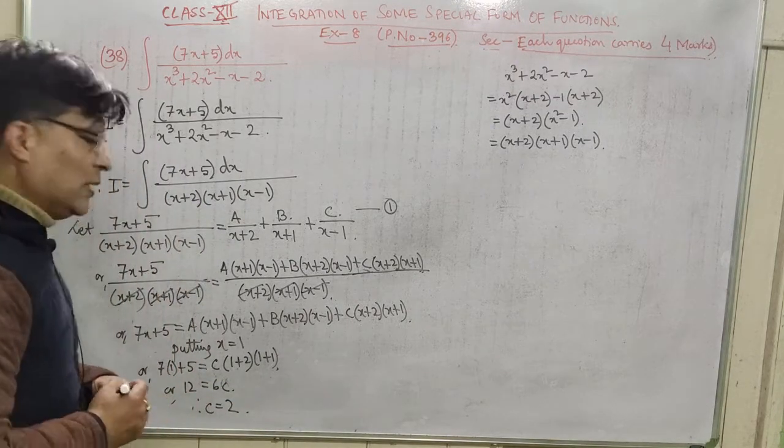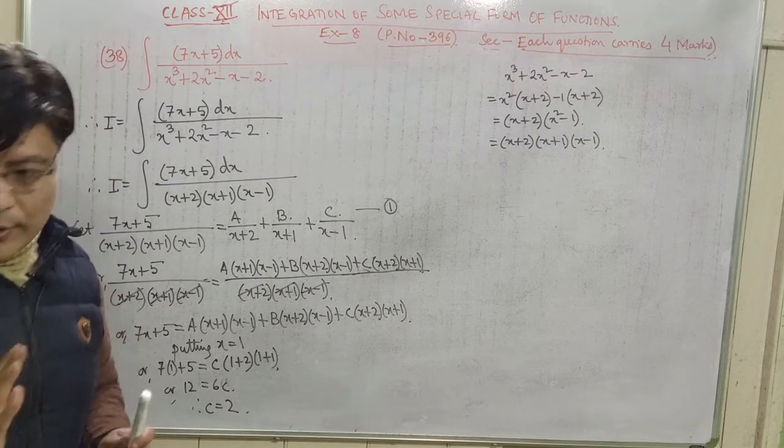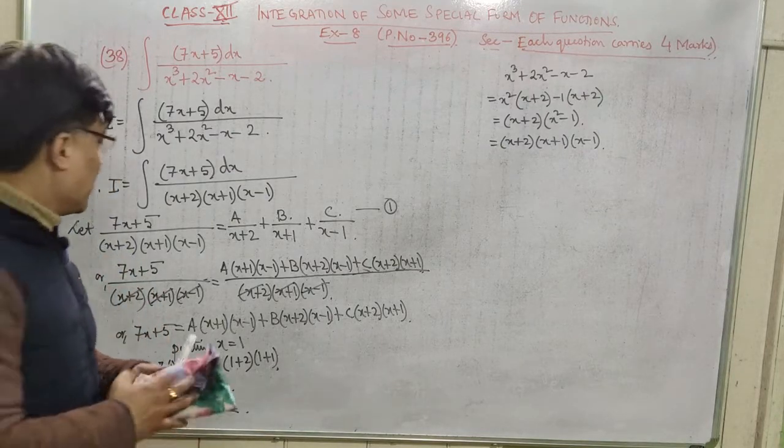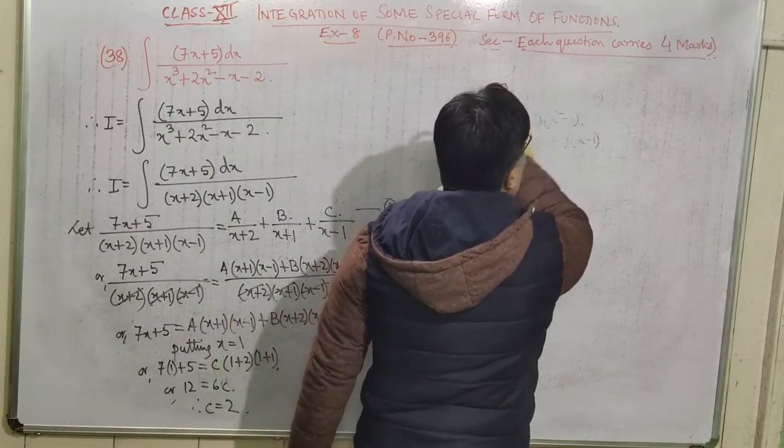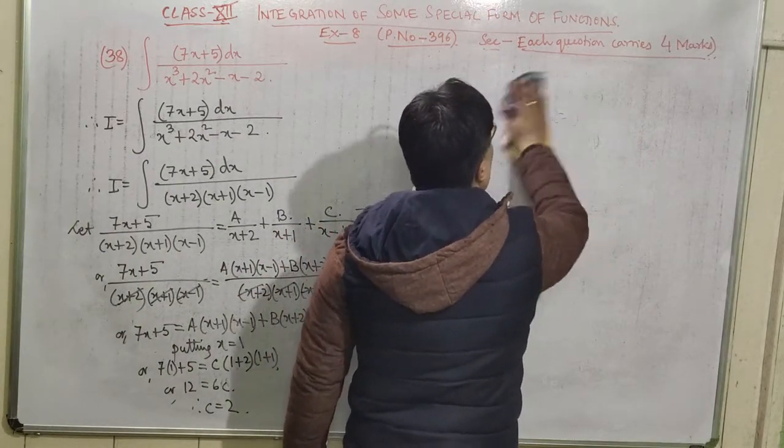We got the value of C equal to 2. Now let us find the values of A and B.